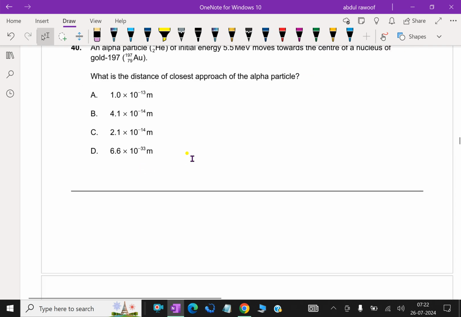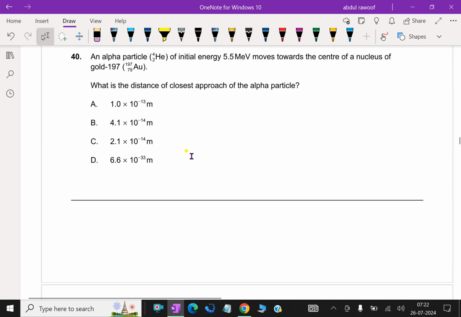Next one. An alpha particle, that is 2He4, of initial energy 5.5 mega electron volt moves towards the center of the nucleus of gold 197, that is 79 Au 197. What is the distance of the closest approach?